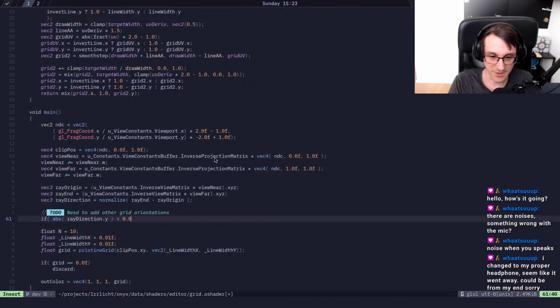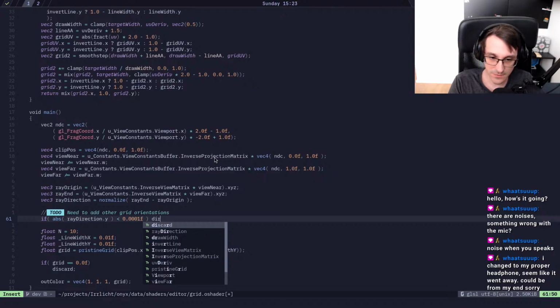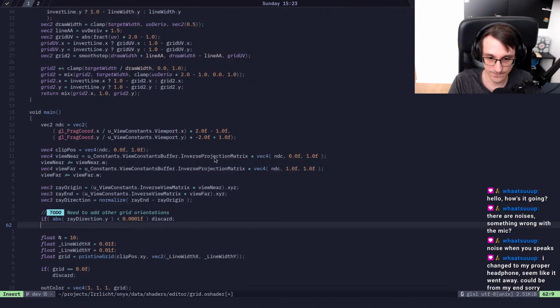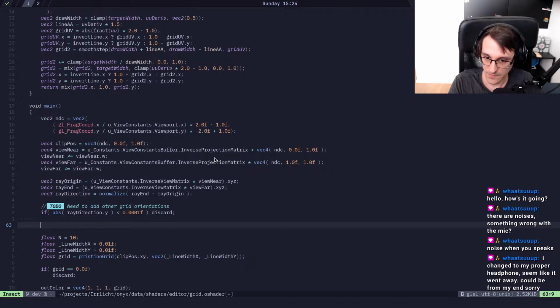I'm not sure if I have to actually define it somewhere. Then we just discard it here. And otherwise, we take our float t, which is basically where we hit.